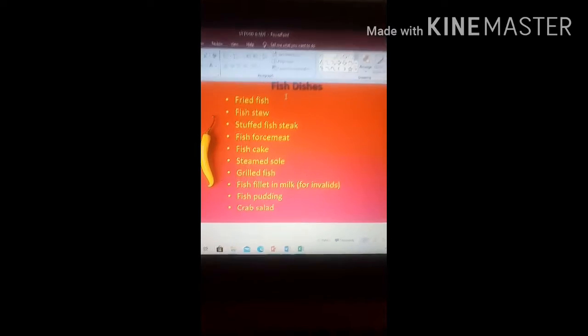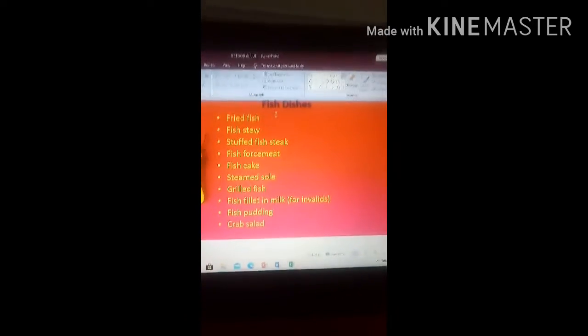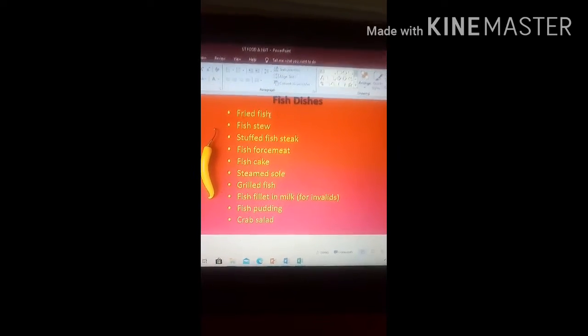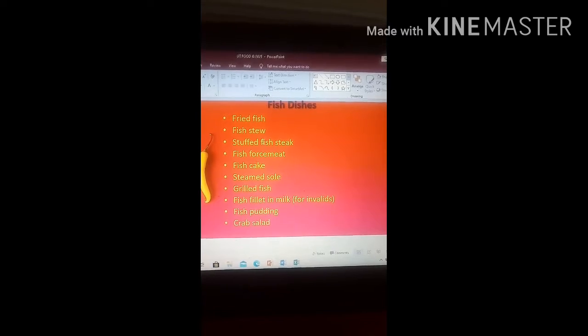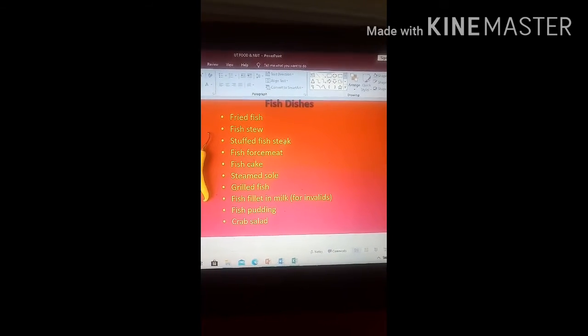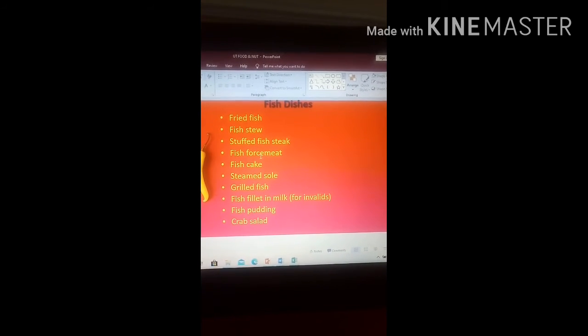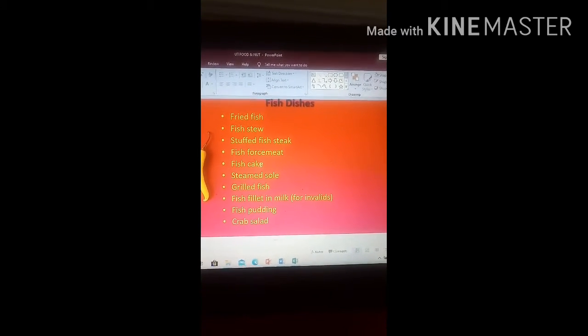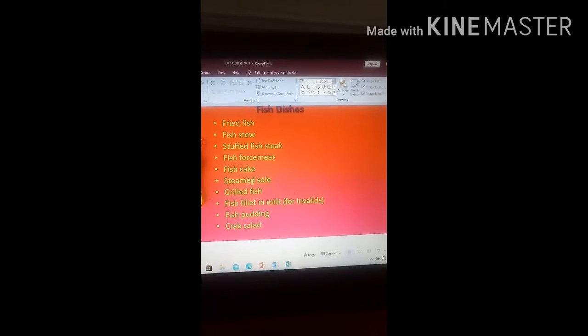So here are some fish dishes that you can actually try out. The first one is fried fish. So I've said earlier, you can fry your fish, you can stew the fish, you can stuff the fish stick. That is stuffed fish stick. Fish forcemeat. Fish cake. You can make fish cake. You can steam. You can make steamed sole.